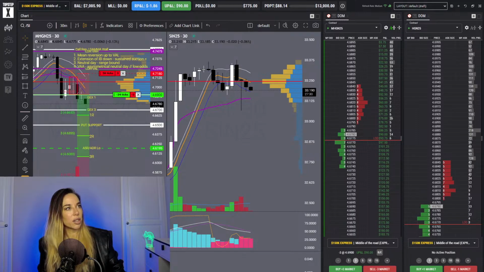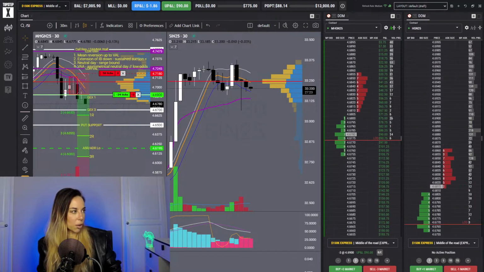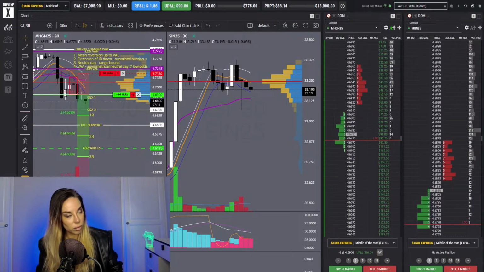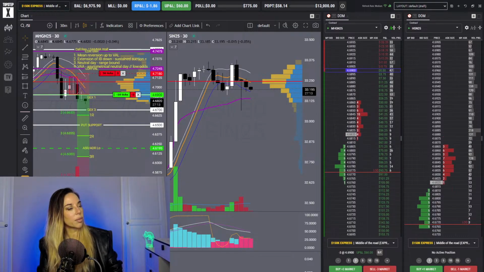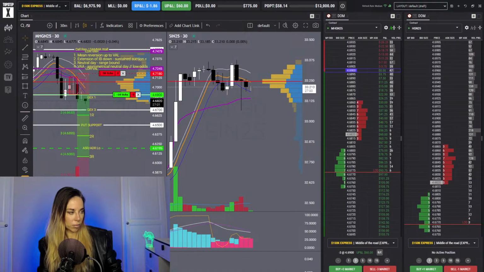Let me find silver. There it is. Let me see if I've got a template for COMEX right away. Oh, I've got a black one. There we go. Anytime silver.